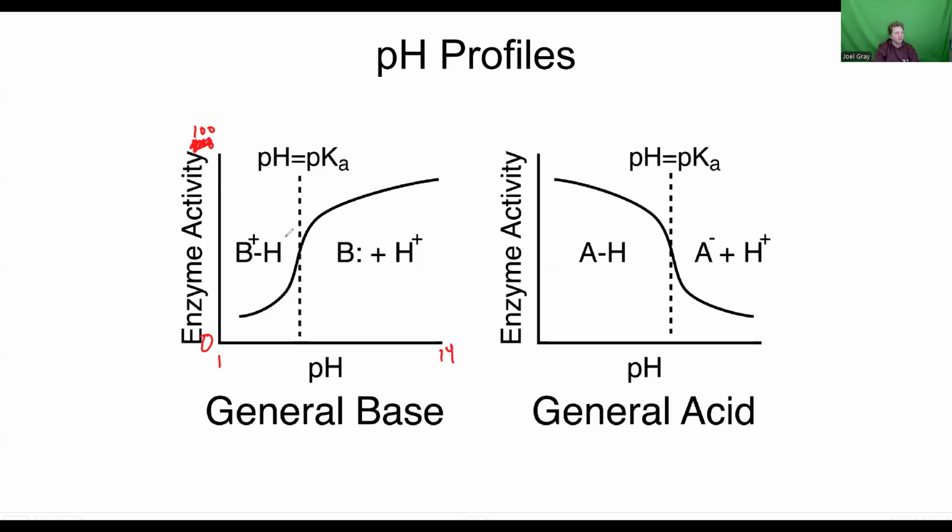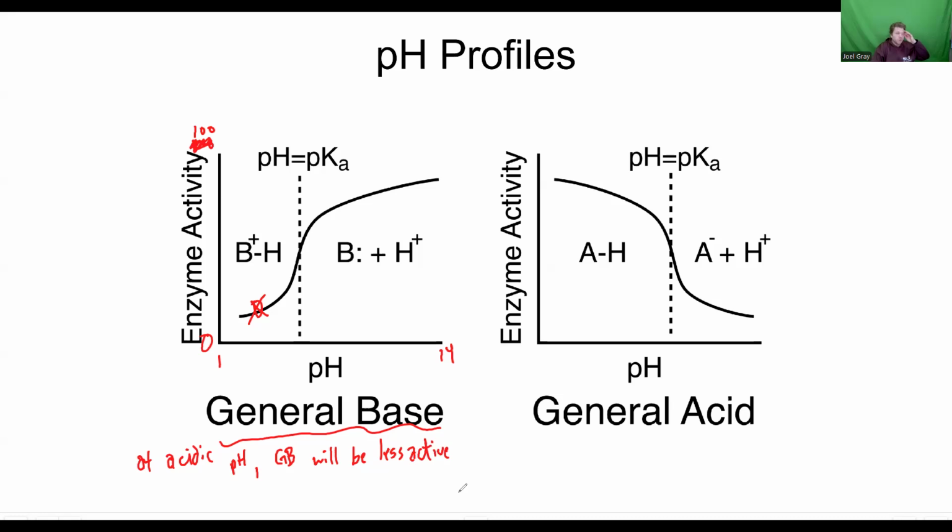So here, if something is acting as a base, it's going to be less active at a lower, acidic pH. So at an acidic pH, the GB, general base, will be less active.